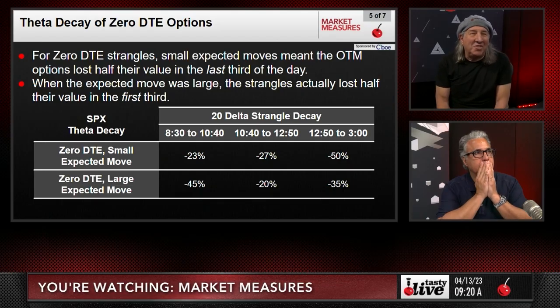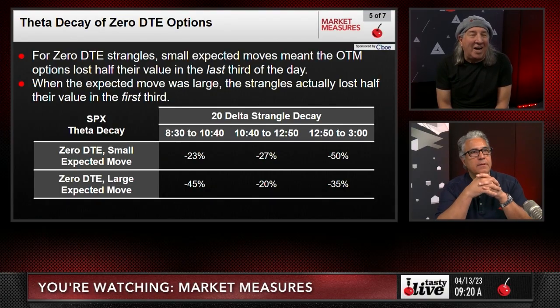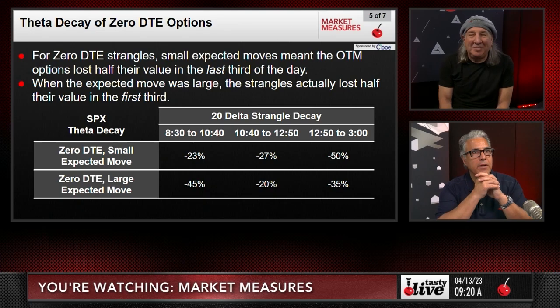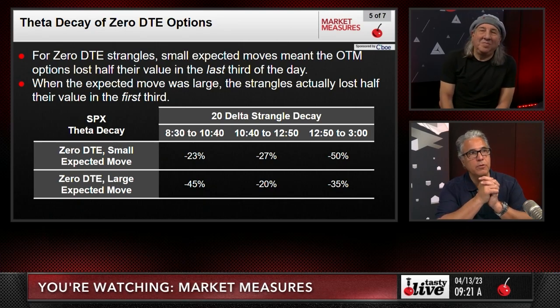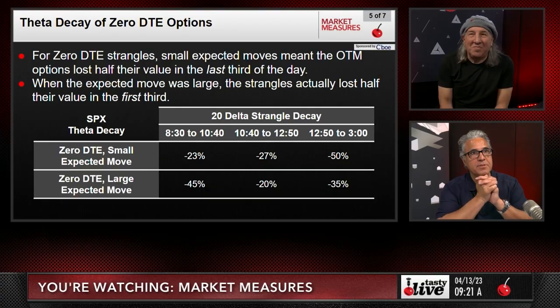This was really interesting to me: when you have a large expected move on 0 DTE, the strangle got killed in the first tranche. It's so beautiful the way out-of-the-money options and high implied volatility, large expected move, really can collapse. Yep. Wow. In the 20 delta strangle.